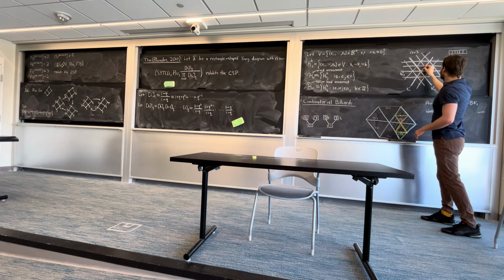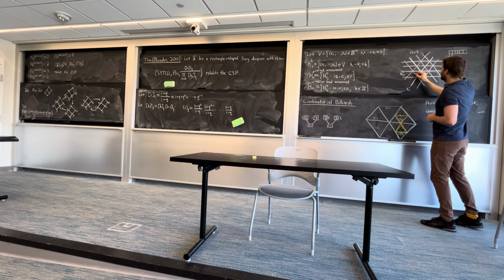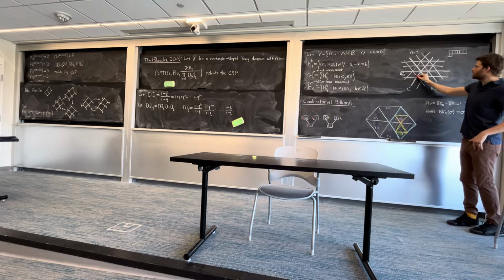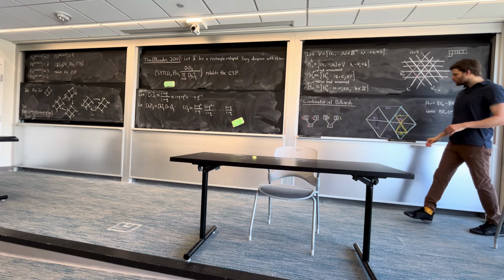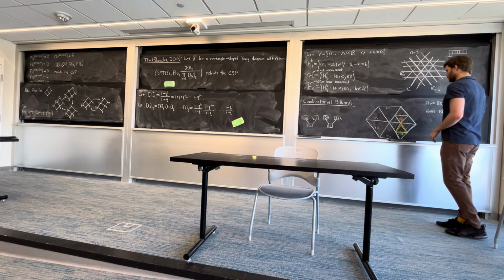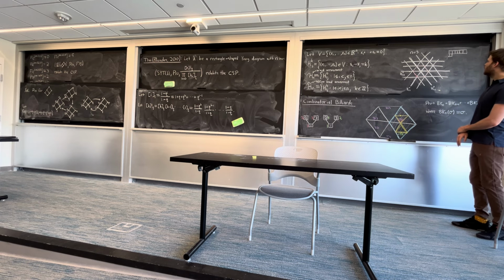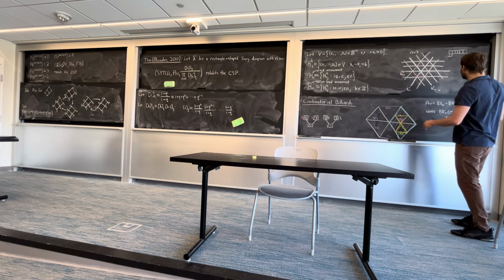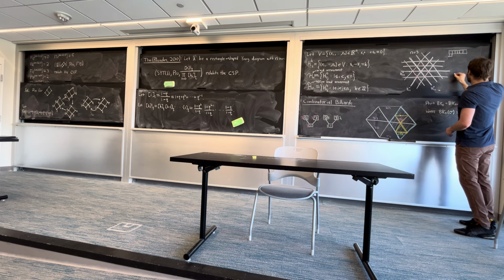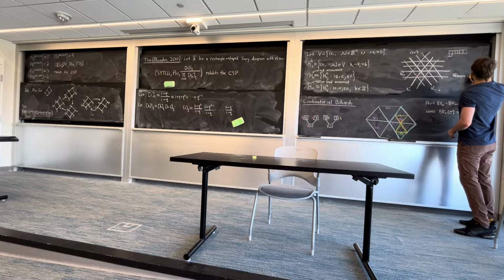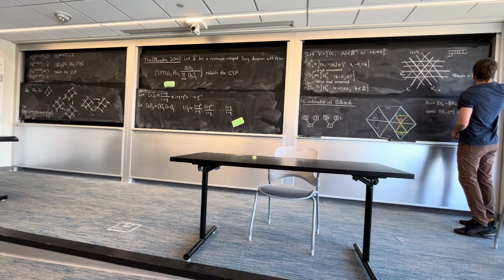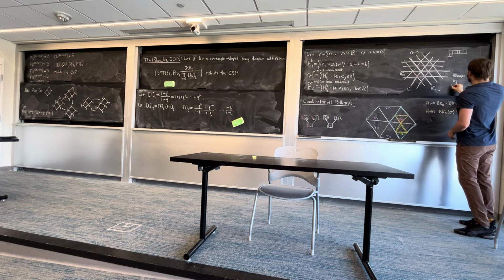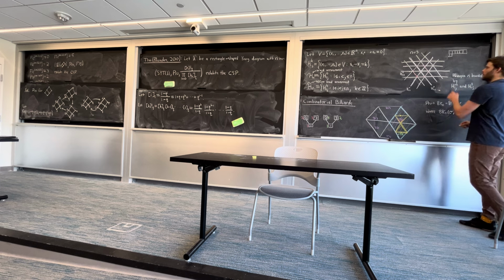The way that you can think about this hexagon is I've taken the region which is bounded by H_{ij,-1} and H_{ij,1} for all i and j.